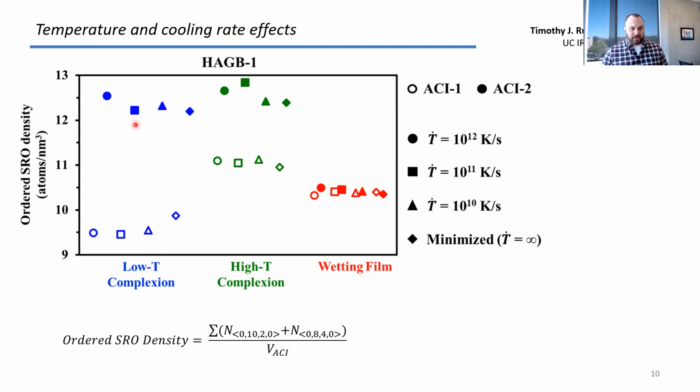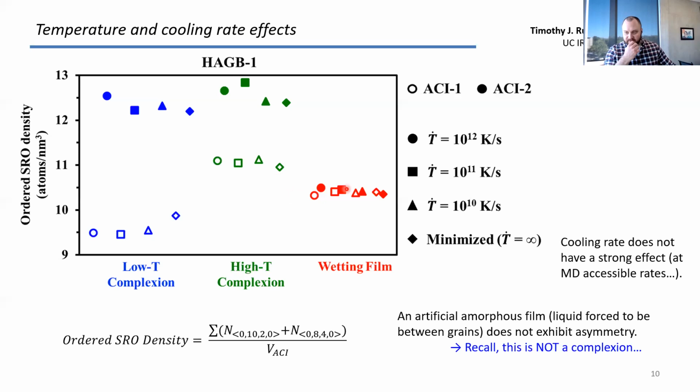So the low temperature complexion has this big gap between these two sides. So the filled data points are on one side, the open data points are on the other side. That gap gets smaller as we increase the temperature. And then in fact, when we look at wetting liquid film, there's no gap whatsoever. So that asymmetry goes away.